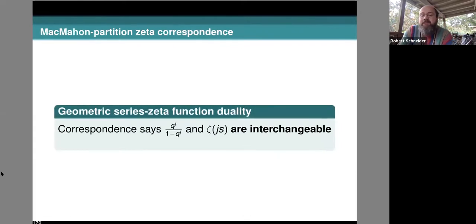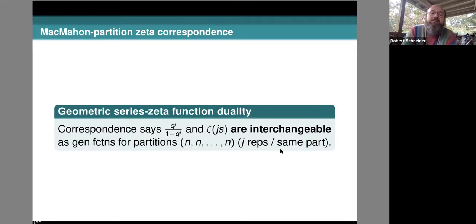There's a duality here that says that the geometric series and the zeta function, with q to the j and n to the j as our terms, are interchangeable as generating functions for partitions of this shape: j repetitions of the same part. These are generated in the same way. I don't see these two objects as being different. They have different values. They have different behaviors in the complex plane. But they are the same combinatorially. They're the same object, the geometric series and the zeta function, from this perspective.